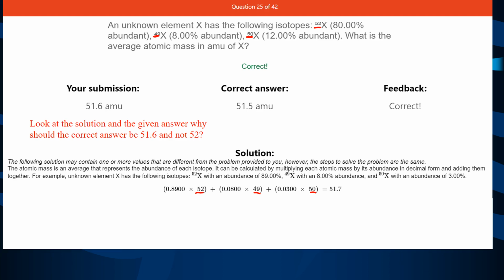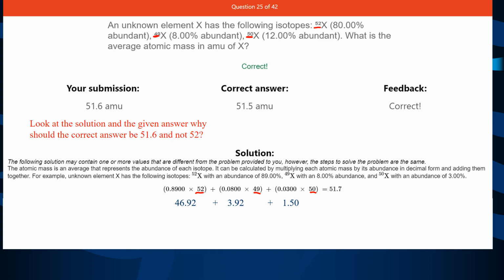When we do our initial calculation, we get 46.92 because that's 4 sig figs. The 8% is only 3 sig figs, so it's 3.92. The 3% is only 3 sig figs, so it's 1.50.